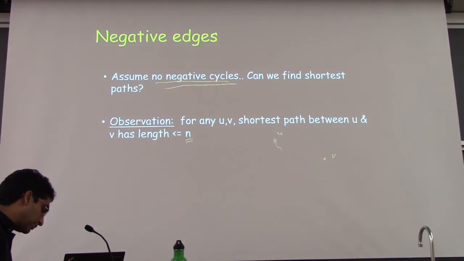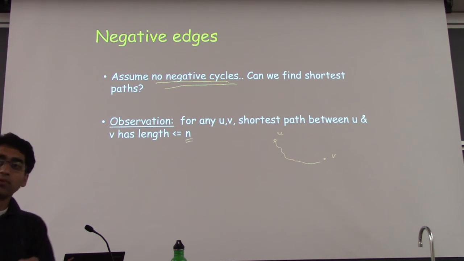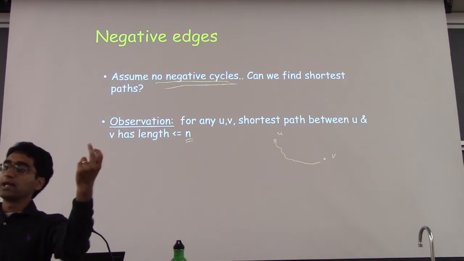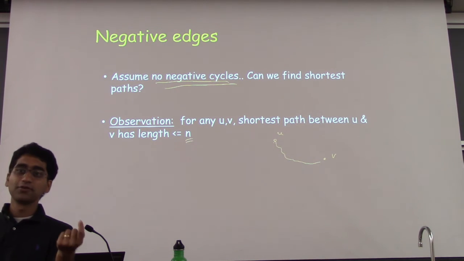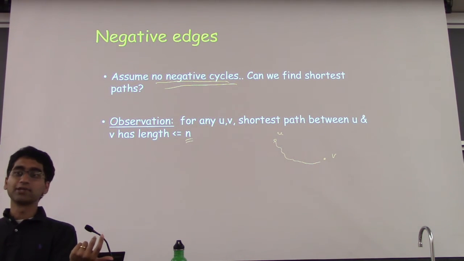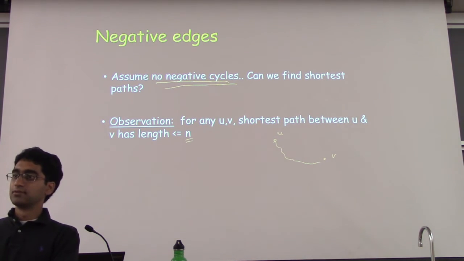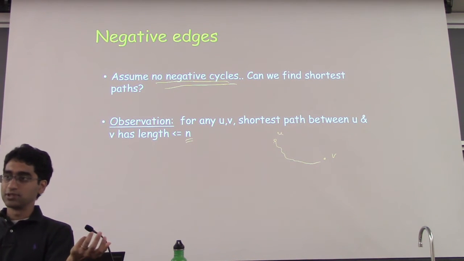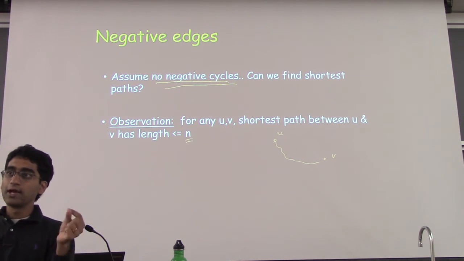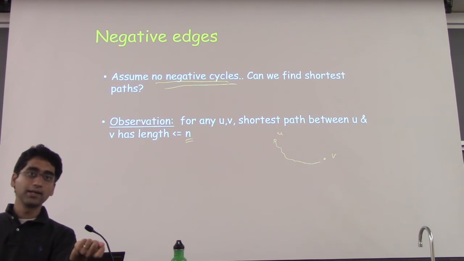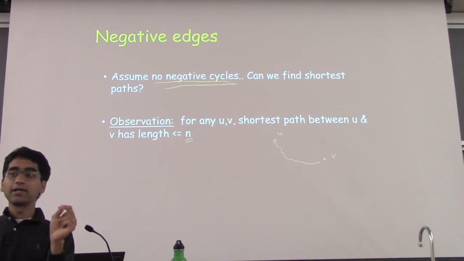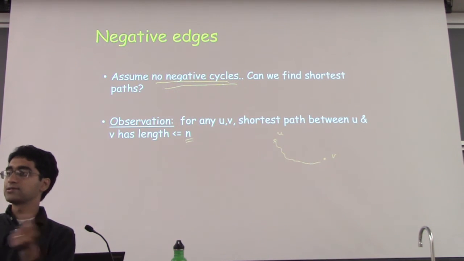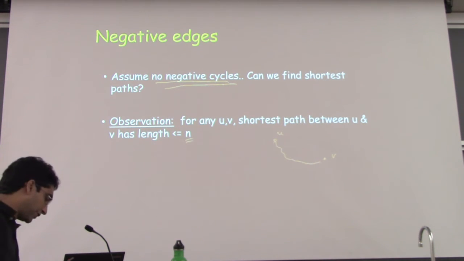If you have a path of length more than n, could it have all distinct vertices? There are only n vertices total, right? So you can't have more than n distinct vertices. So any path of length more than n has to have at least a cycle. It has to go through some vertex twice.